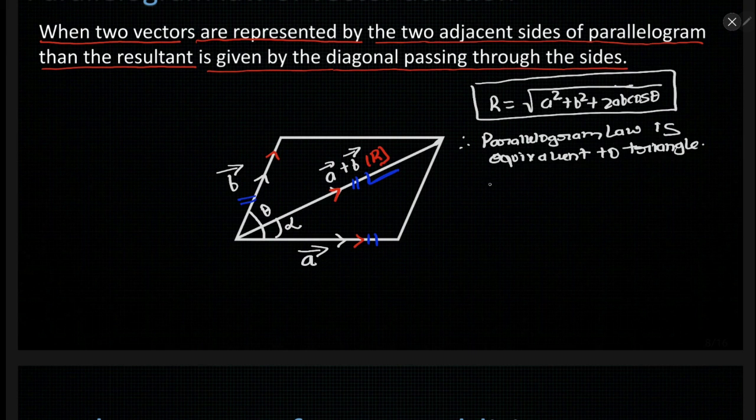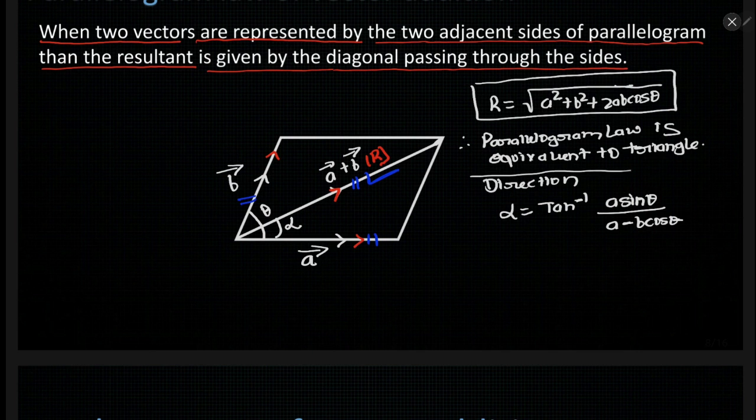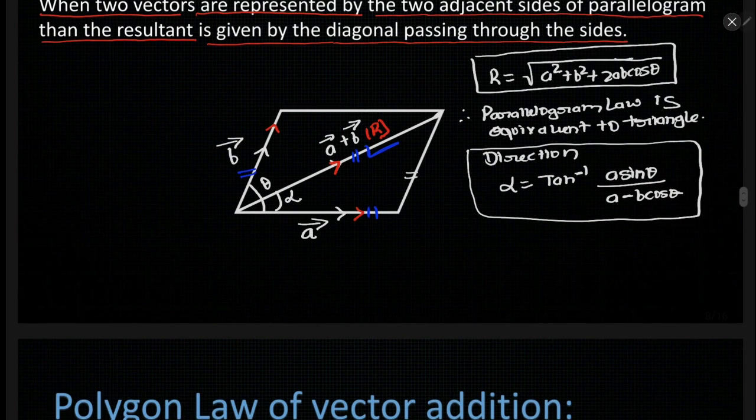and the direction is given by alpha is equal to tan inverse of A sin theta by A minus B cos theta, as this will become negative of this.